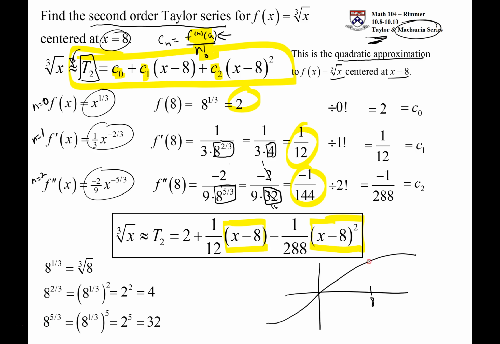We fit a quadratic function, and it's going to look a lot like our function as long as we're nearby 8, but at some point it's going to bend and not be a very good approximation. And so T2 is this polynomial that we went and found. It's a parabola. It's a quadratic approximation.